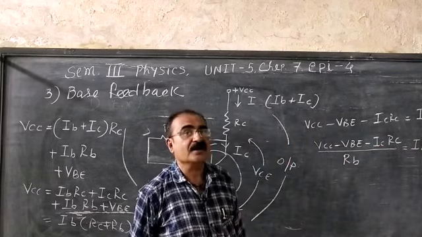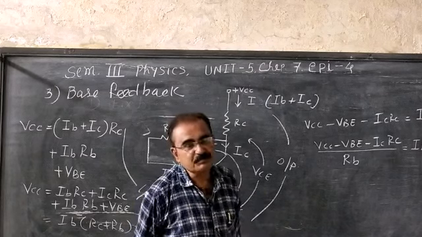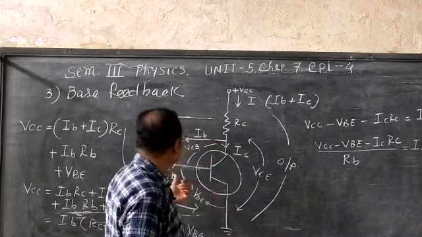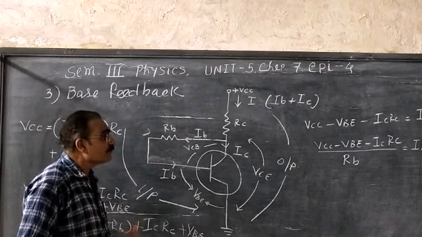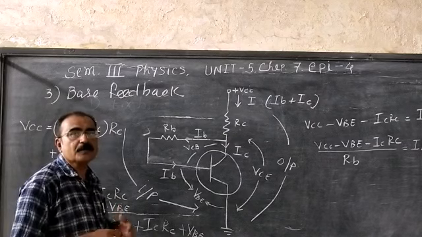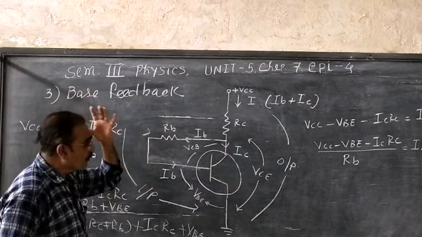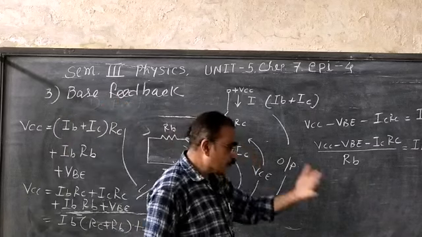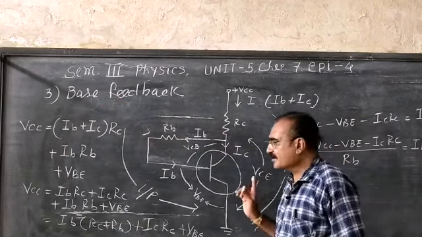So you can choose RB for providing feedback biasing to the base. This is our aim, to define either the value of IB or the value of RB. Our work is over from the analysis point of view. Now let us start to understand the stability factor of this circuit.